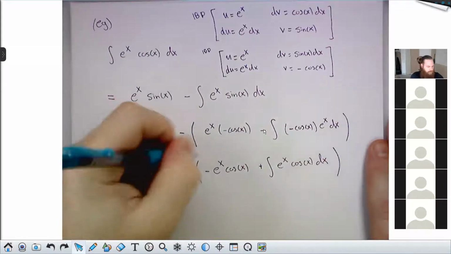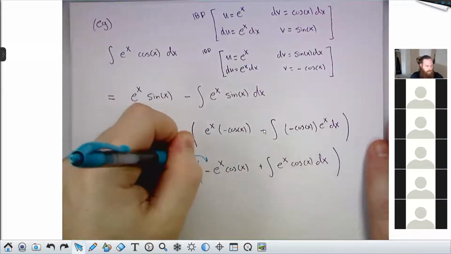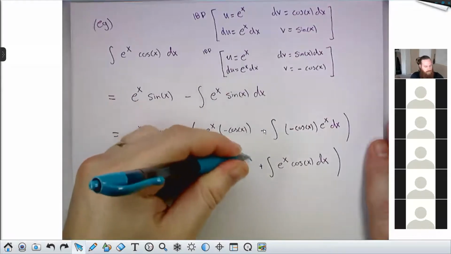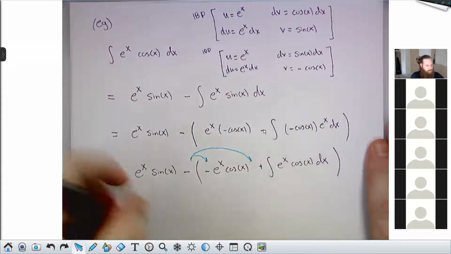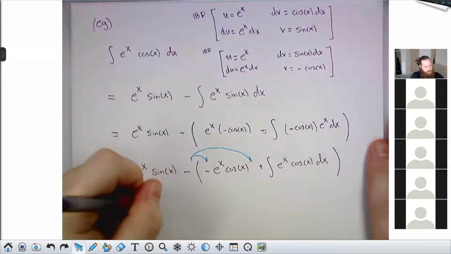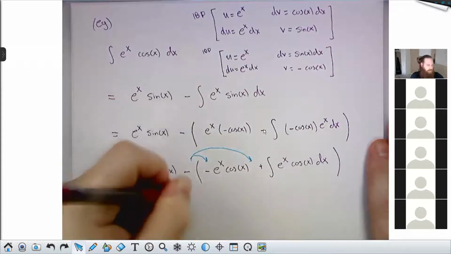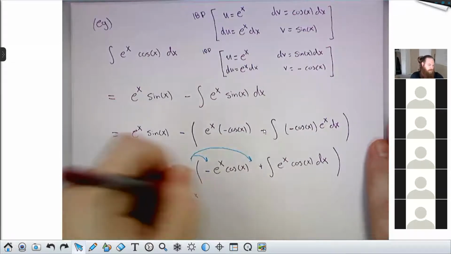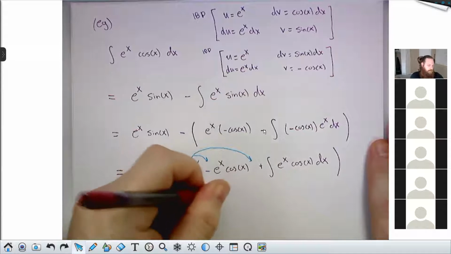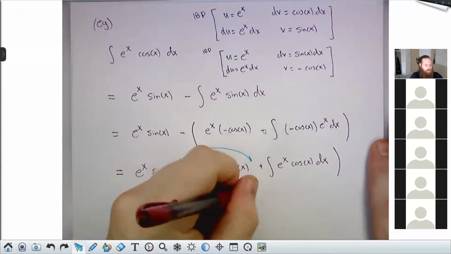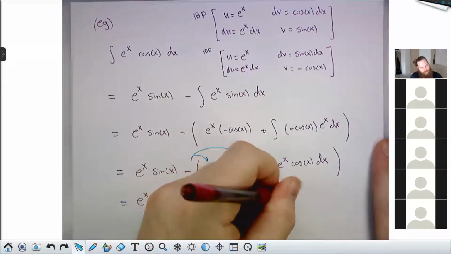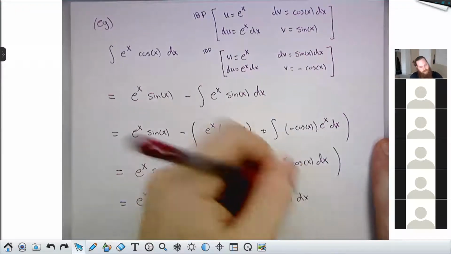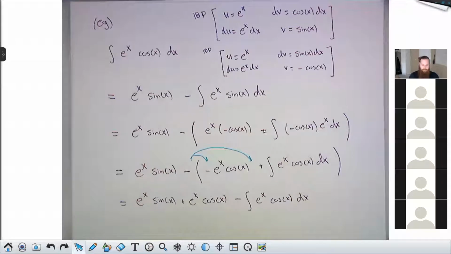It's very important that this negative goes here and also here. So you'll have e to the x sine x plus e to the x cos x minus integral e to the x cos x dx.